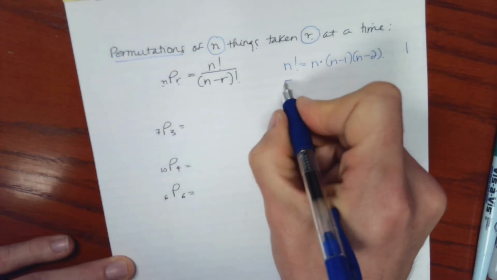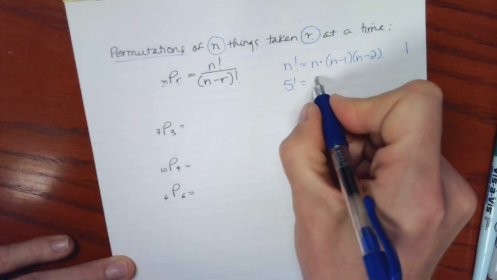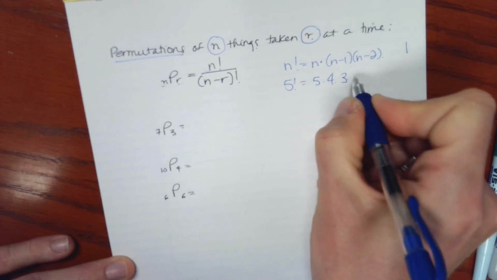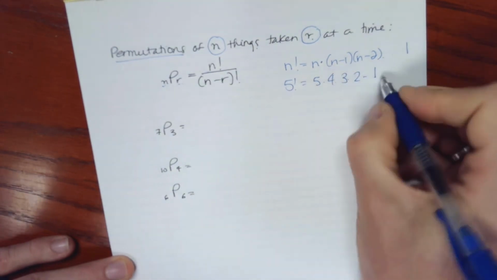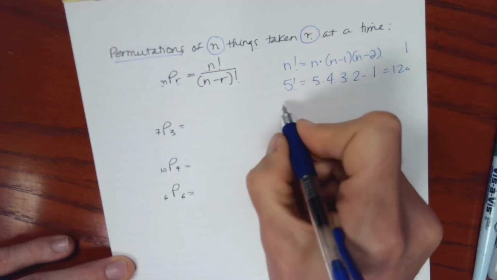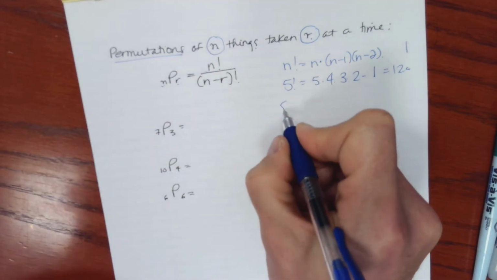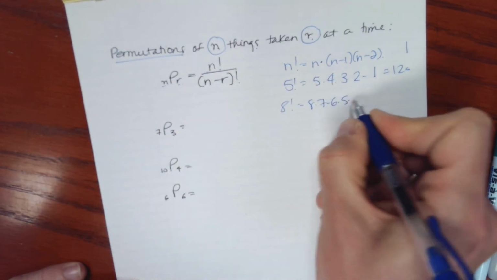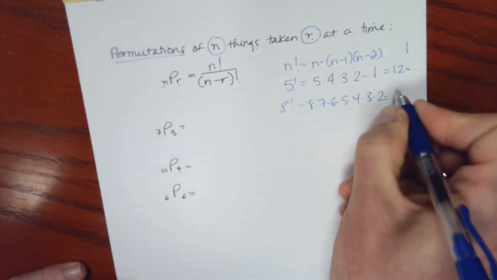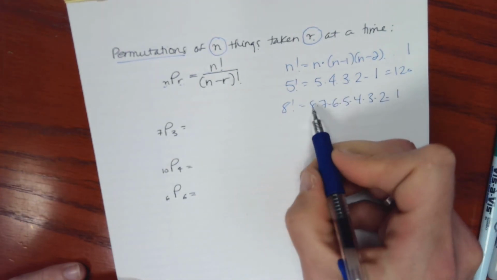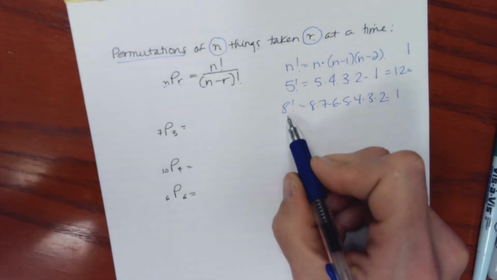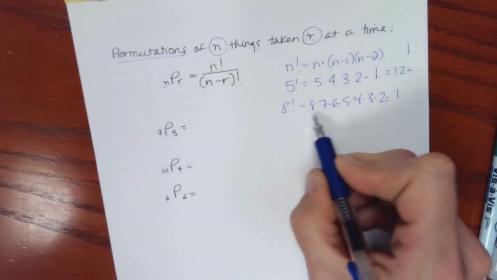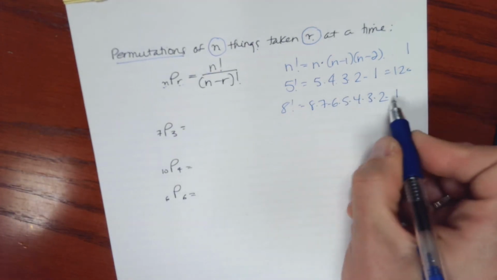So for example, 5 factorial is 5 times 4 times 3 times 2 times 1, which is 120. If we have 8 factorial, that's 8 times 7 times 6 times 5 times 4 times 3 times 2 times 1.